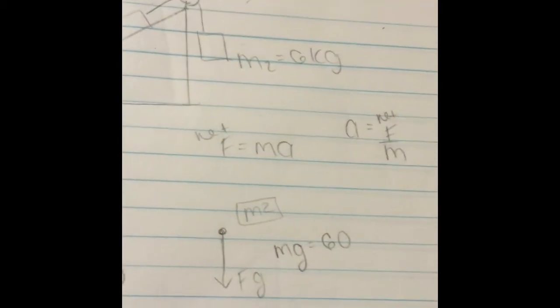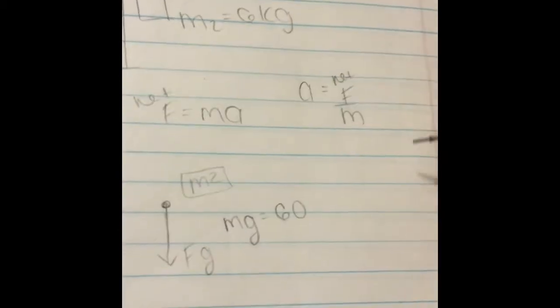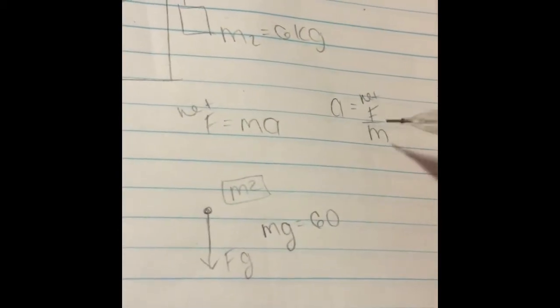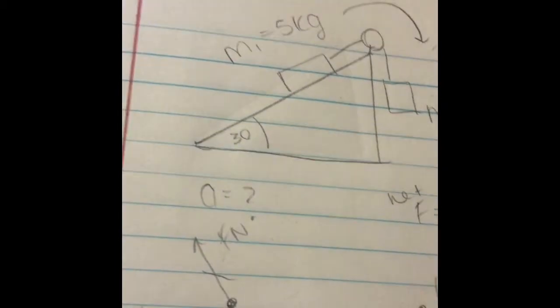So back to the a equals F net over m formula. We'd end up doing 60 minus the Fgx we solved for, which was 25.